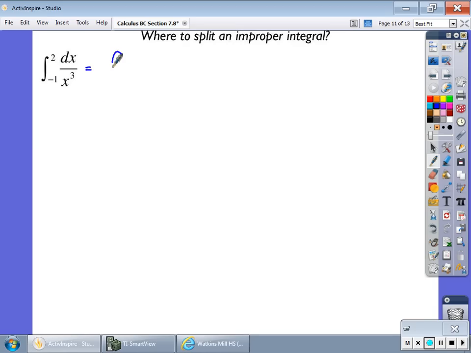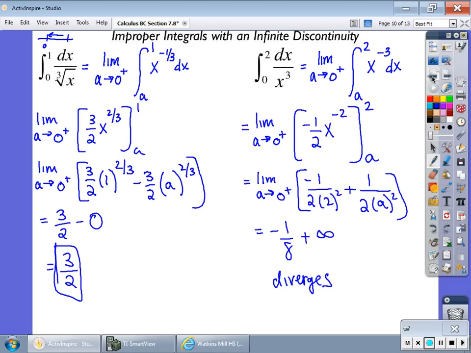We're going to say that this is the integral from negative 1 to 0 of dx over x to the 3rd, and then we're going to say plus the integral from 0 to 2 of dx over x to the 3rd. Now, before we keep on going, look at this integral. This should look really familiar, especially since we just did that.